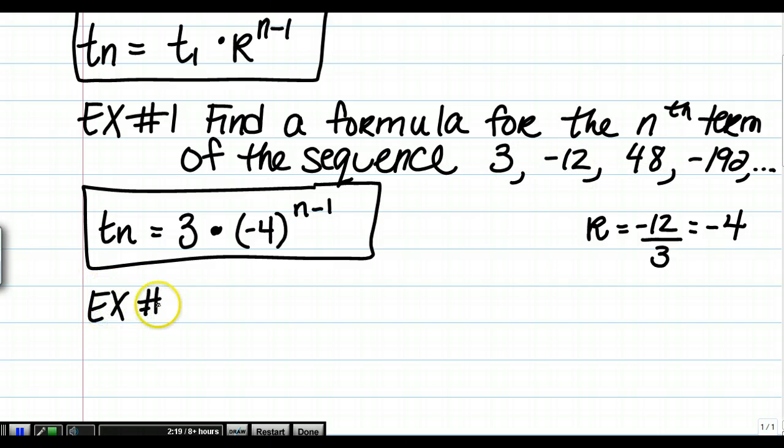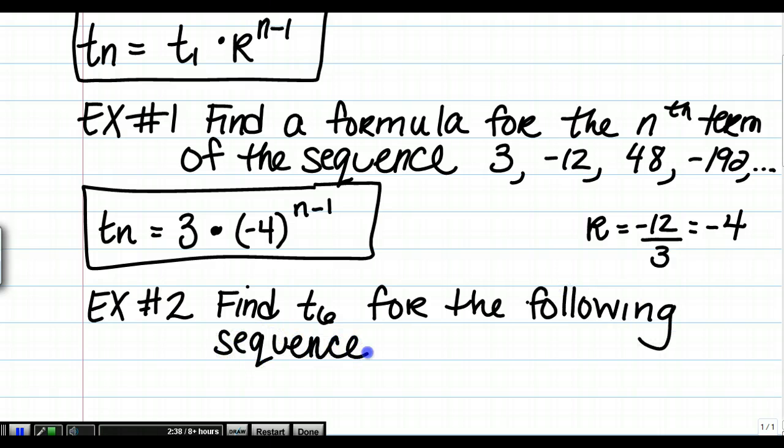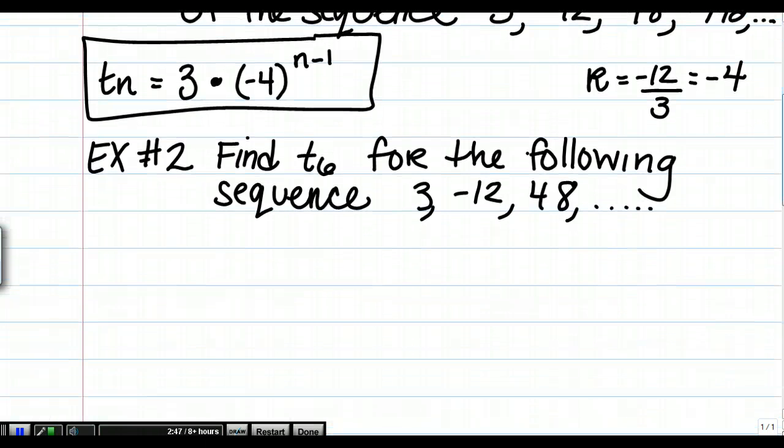It could ask you to find a certain term in the sequence. This time it's going to ask you to find the 6th term for the following sequence. Okay.